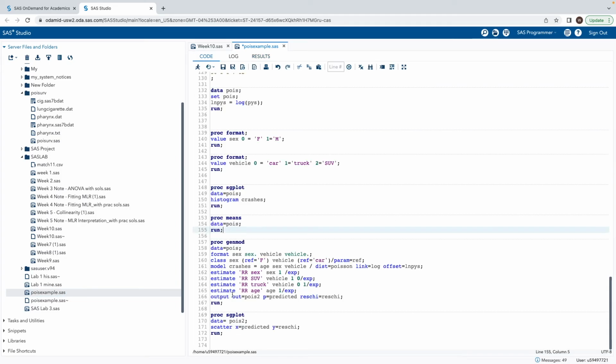But keep in mind that regardless of what you add or take away from the model, that's going to stay the same because that's just using the raw data. As far as looking to see if adding things to the model corrected overdispersion, it's better to use one of two things.